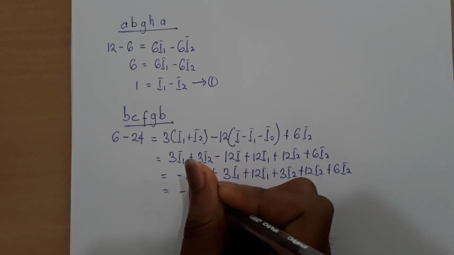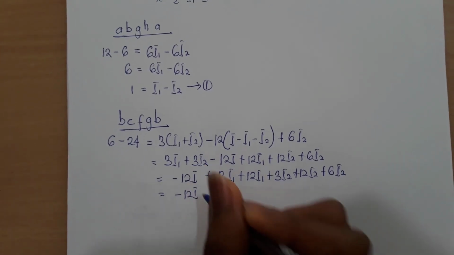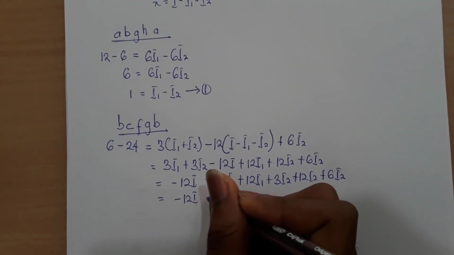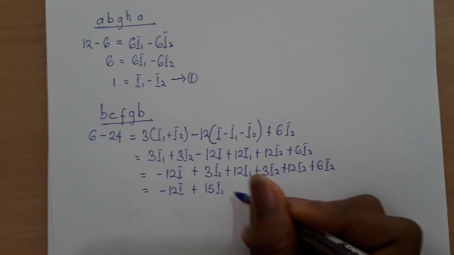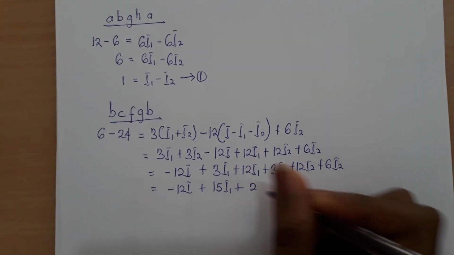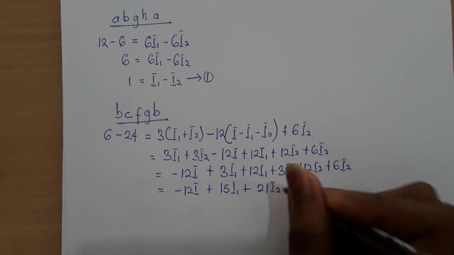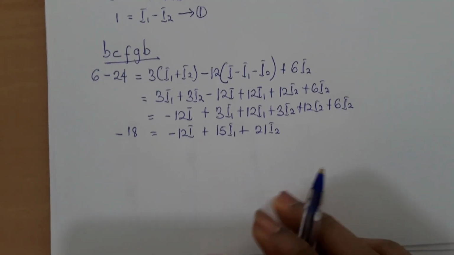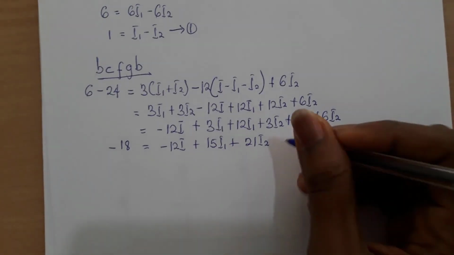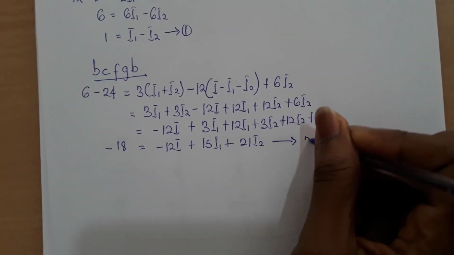So we have minus 12I plus 15I1 plus 21I2, and that shall give us negative 18. So we can have this as our equation 2.